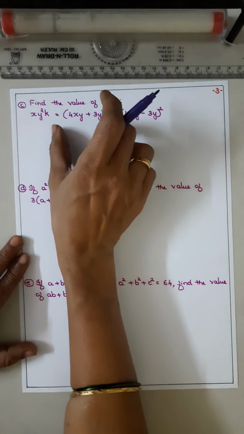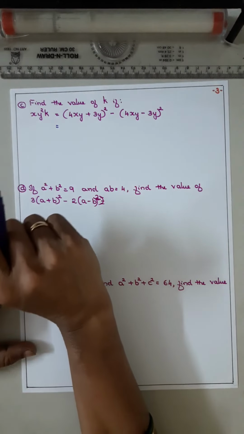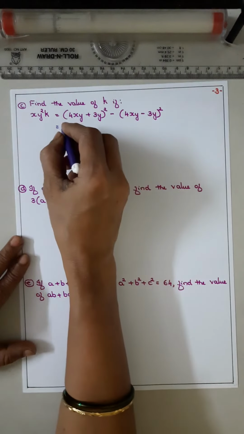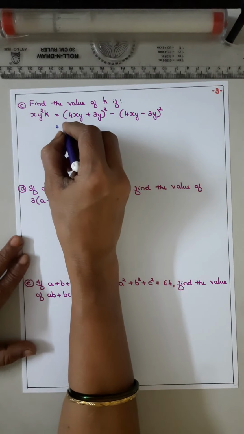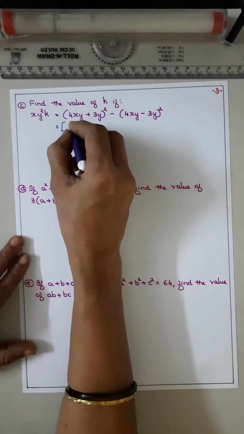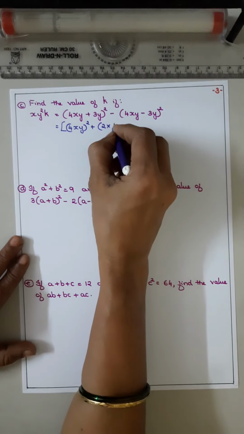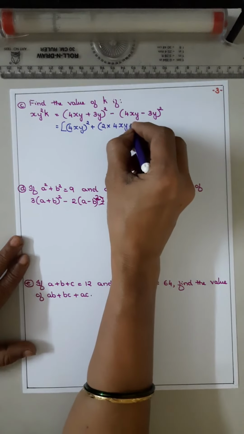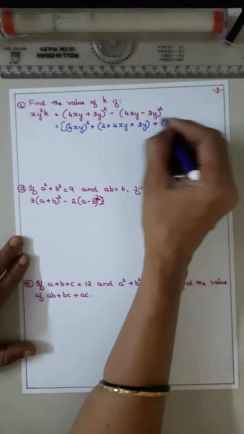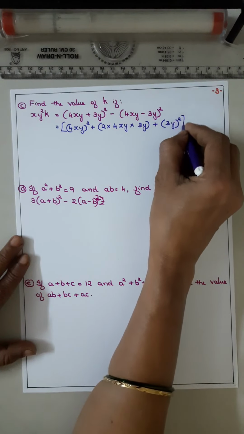Now open this. For this, which is the identity? First identity, (a plus b) the whole square. So this one will become what? (4xy) the whole square plus 2 into 4xy into 3y plus this one will be (3y) the whole square.